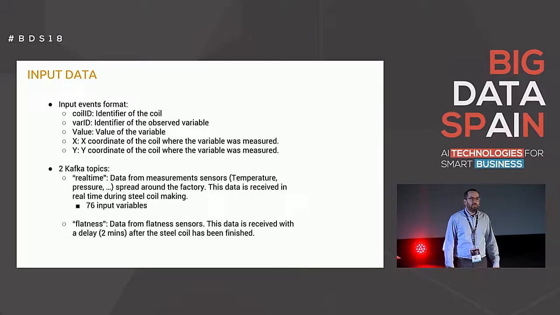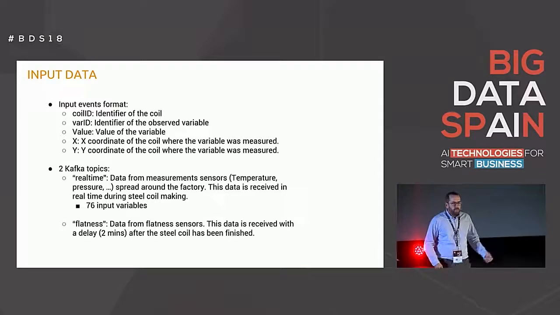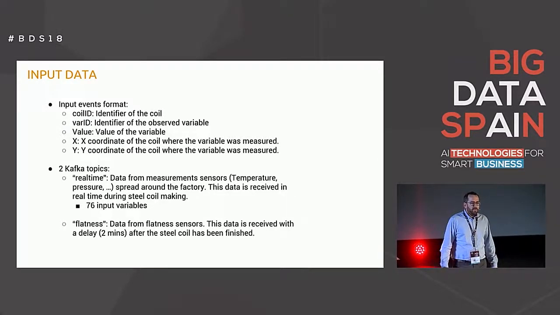This variable could be a variable of temperature, pressure, or other important magnitude during the processing. The value is the value of this variable for the coil, and the coordinate is the position of this measurement in the complete piece of steel.